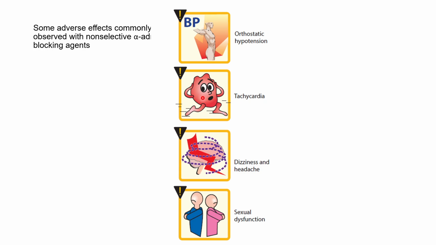this is the heart actually, and then dizziness and headache and sexual dysfunction, because alpha receptors also contribute to the erection and also to the relaxation of the vessels, that increases the blood flow to the genitalia.